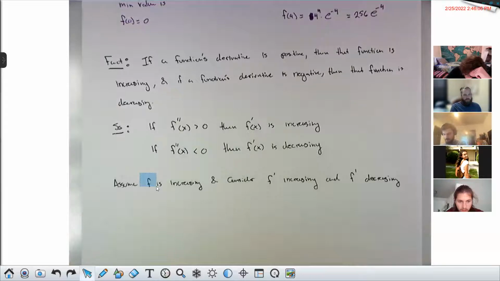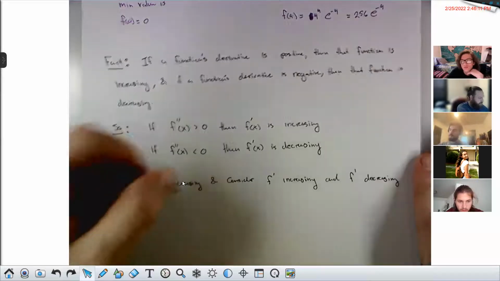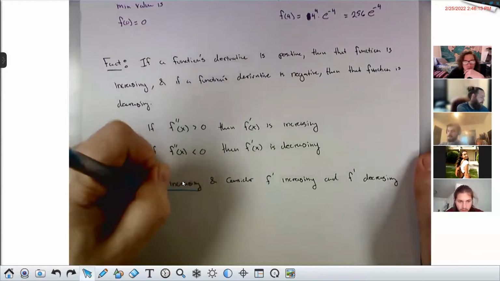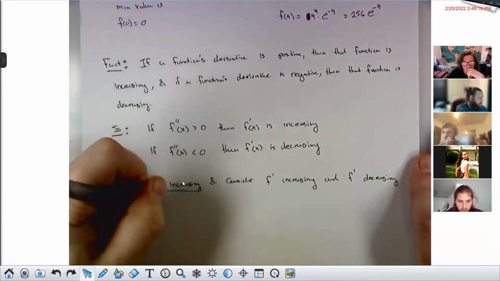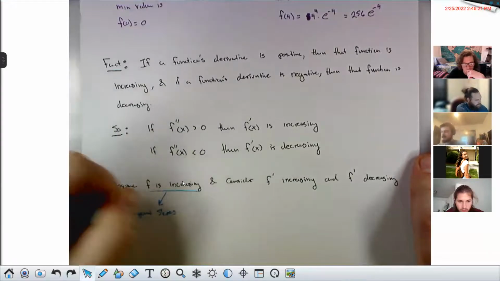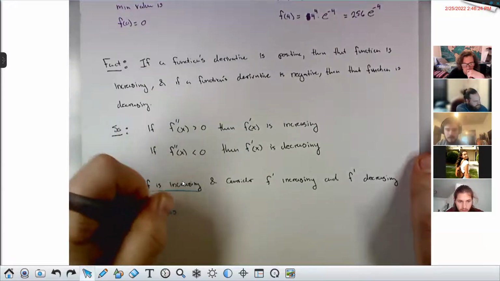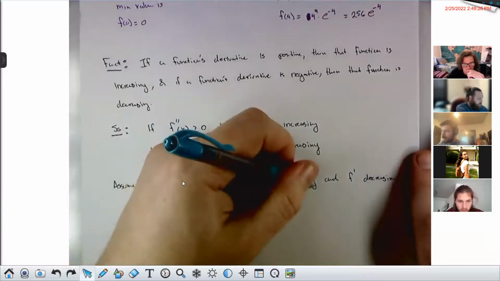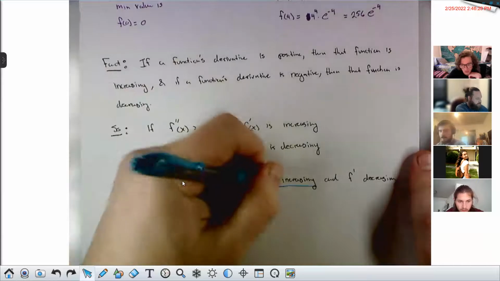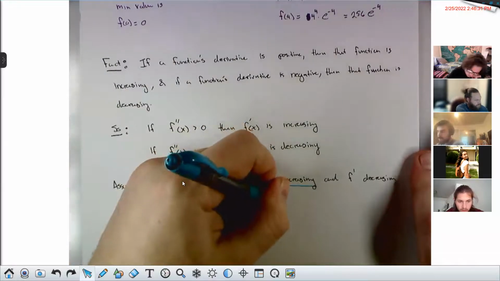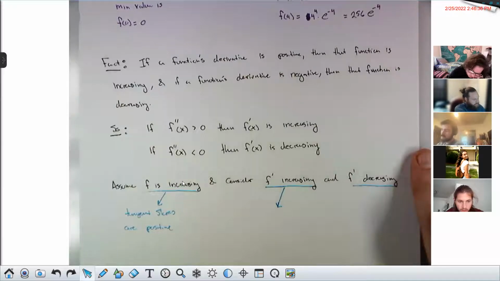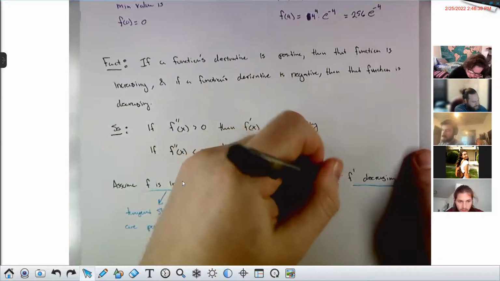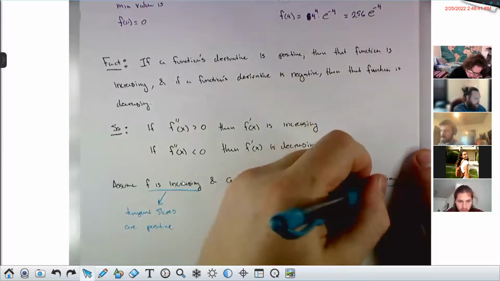Well, if f is increasing, that means all the tangent slopes are positive. And then we're going to consider these two cases separately.